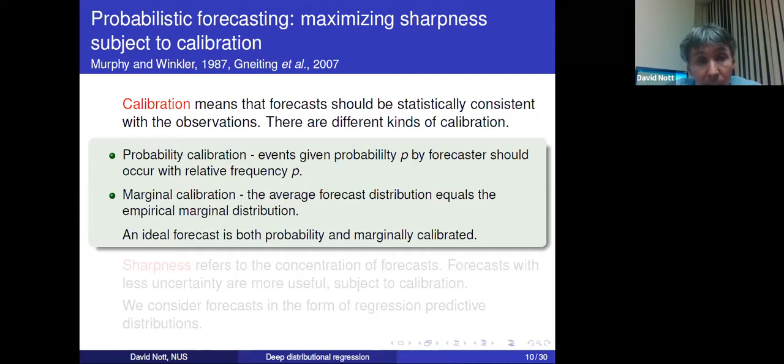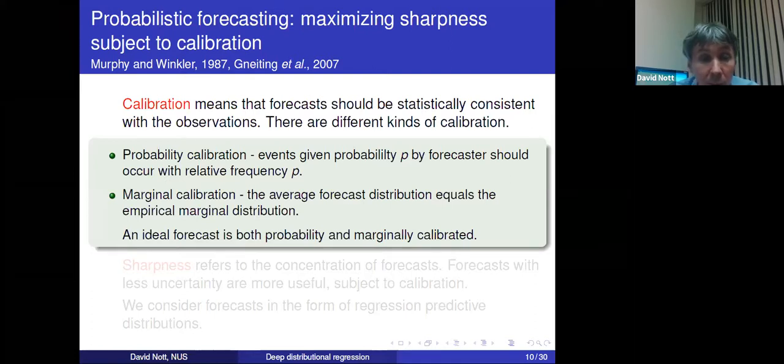Basically, for probability calibration, the idea is that events that are given probability P by a forecaster should occur with a relative frequency of P. In practice, if you're checking probability calibration in the regression context, this amounts to looking at probability integral transforms and checking for uniformity.